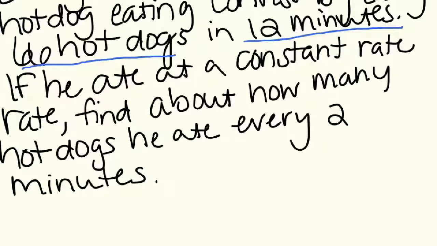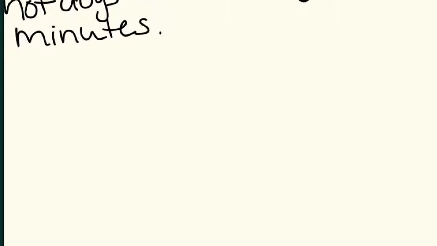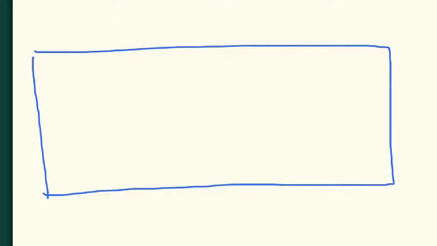Okay, so we're just going to move this up a little bit here. And I think that, again, we might probably make a table. Right, so let's make this one blue. So we can make this here. And I think we're going to say hot dogs up here, because he ate hot dogs per minute. So the per tells us it's at the bottom of our ratio.